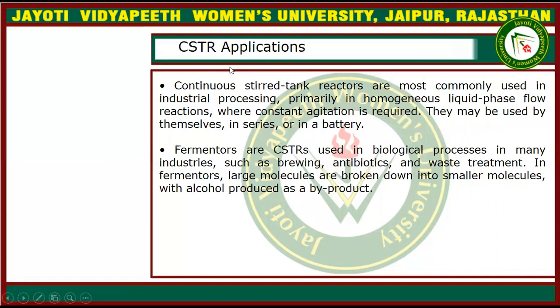Continuous stirred tank reactor applications. As we know, this is an industry-level process. Continuous stirred tank reactors are most commonly used in industrial processing, and mostly they are used in liquid phase flow reactions where constant agitation is required.